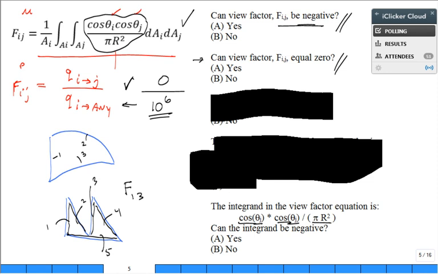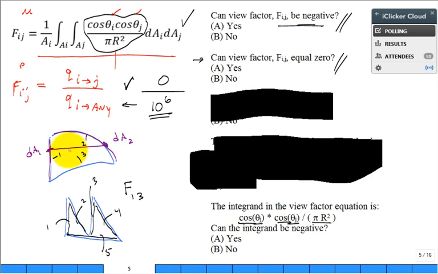All right, we're stopping. Stop. And now let's do this. Let's say that somehow I was doing the integration from surface 1 to surface 2, and at this location, the little dA on surface 1, and at this location, the little dA on surface 2, the integrand just happened to become negative.